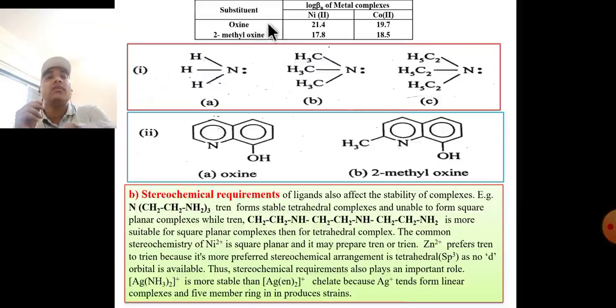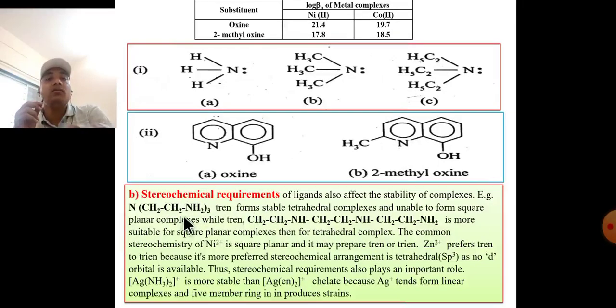Here the substituted Ni and Co complexes, log beta values of metal complexes, show that substituted ligands decrease the value, from a simple amine to the methyl substituted one.